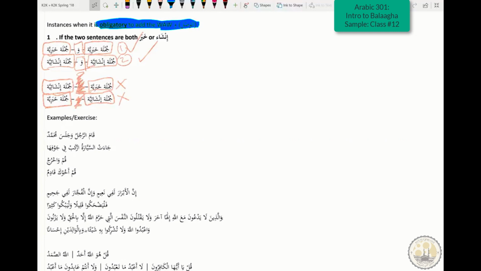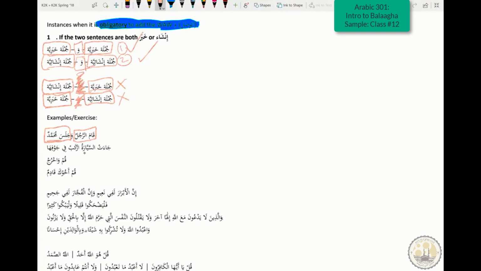طيب. First thing we need to do is identify where are the two sentences. قام الرجل. We know that is one sentence. جلس محمد is the other sentence. Okay. Now we have to identify whether these sentences are insha'iyya or khabariyya. قام الرجل.